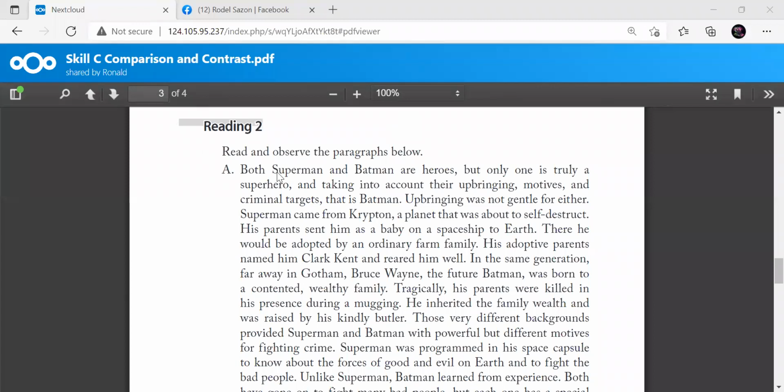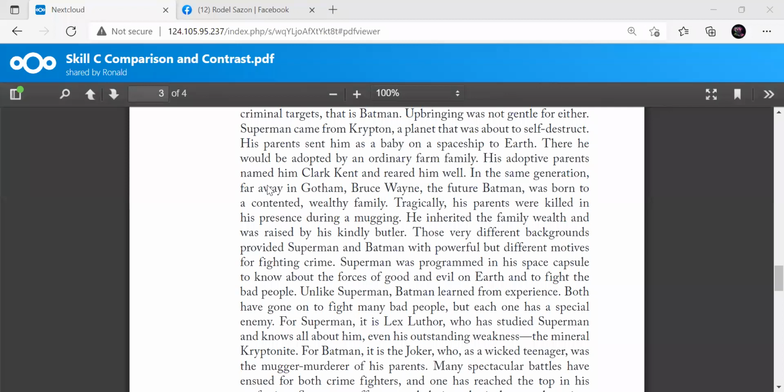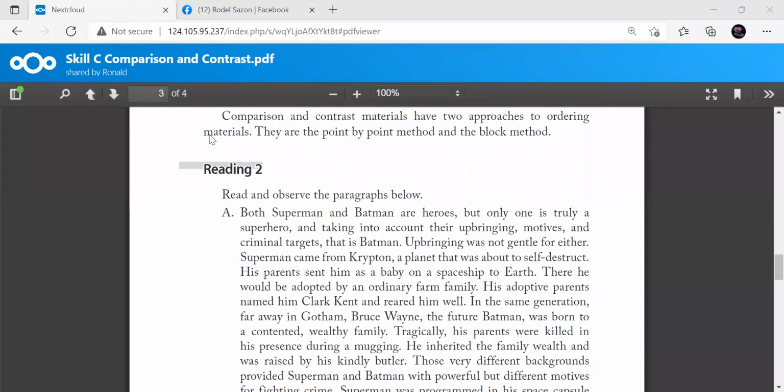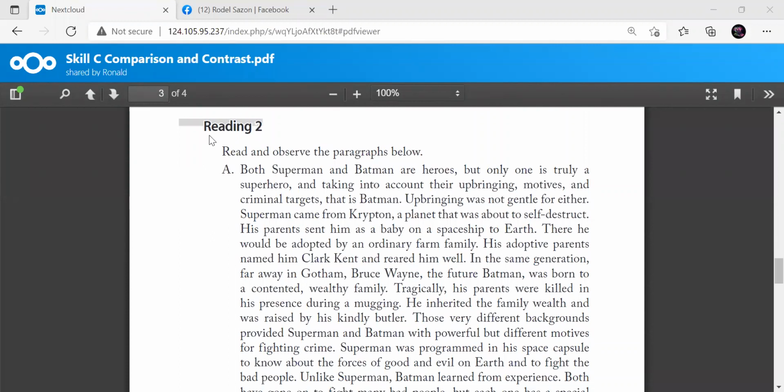Hello, sir. Madungog ko, sir. Dungog. Padayon. Wait, Superman came from Krypton, a planet that was about to self-destruct. Sige, padayon. Until the end.